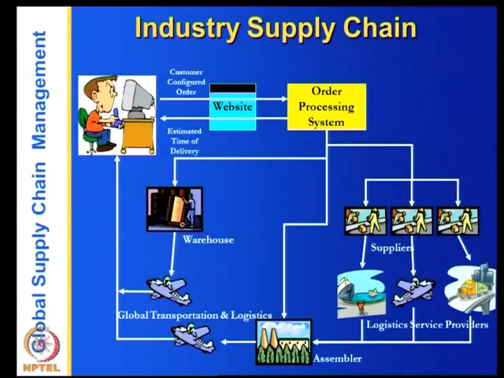Then the suppliers have to take your orders, and they have to be assembled and delivered to you. So this particular diagram shows you the web ordering, the assemble to order as well as build to order. There are three kinds of industry supply chains that are in vogue today.